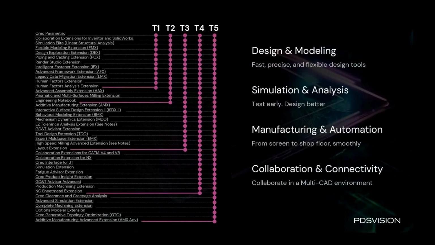These bundles are there, but all of these extensions are available as individual line items as well. So often it can be maybe a base tier Creo, and maybe you want, I don't know, Fatigue Advisor. It's probably more cost effective just to buy a base Creo and then a single extension. But as you're looking to build maybe more extensions, this is where these bundles really become effective. But no, all of these line items are available as individual extensions that you can purchase one-off.